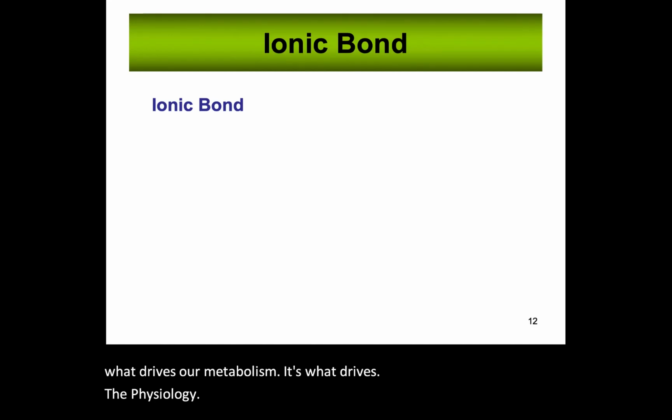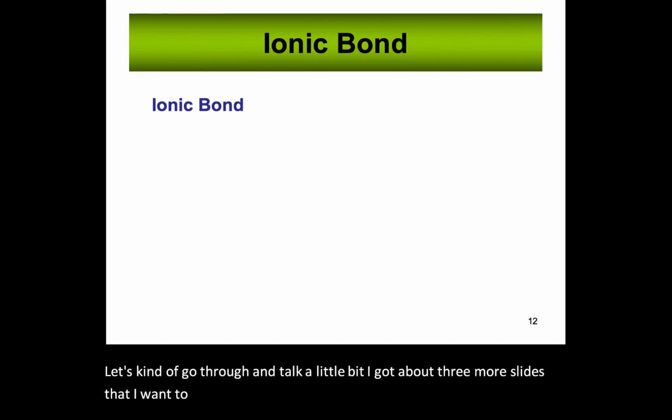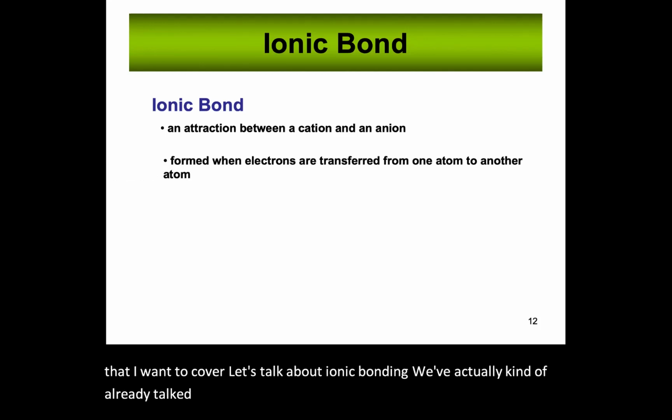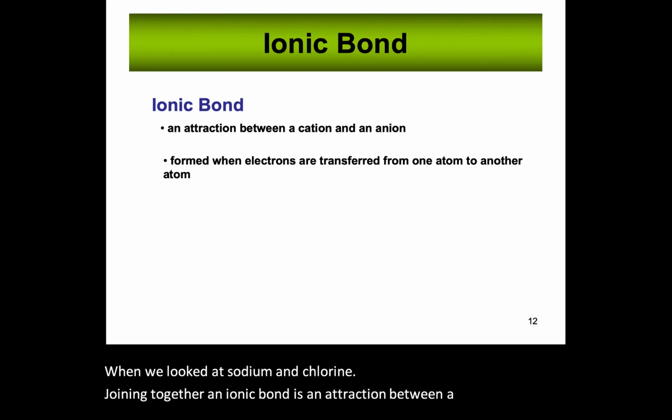So let's go through and talk a little bit. I've got about 3 more slides that I want to cover. Let's talk about ionic bonding. We've actually already talked about ionic bonding when we looked at sodium and chlorine joining together. An ionic bond is an attraction between a cation and an anion.